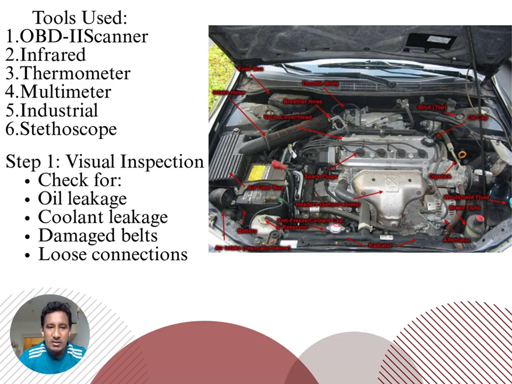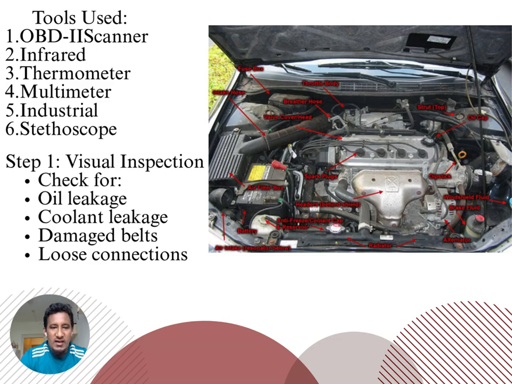At first I can say OBD scanner, and secondly the infrared thermometer, which is very important for our inspection. And other tools are the multimeter and industrial stethoscope, which are very important. In this way we can inspect or assess our engine and powertrain system.